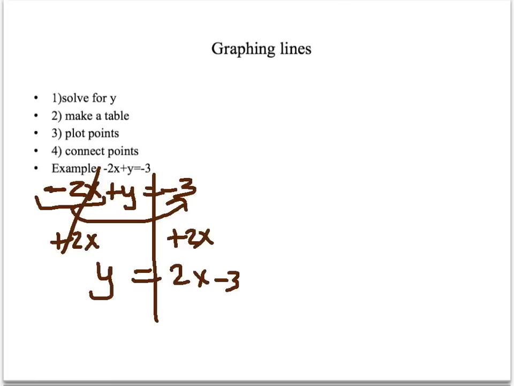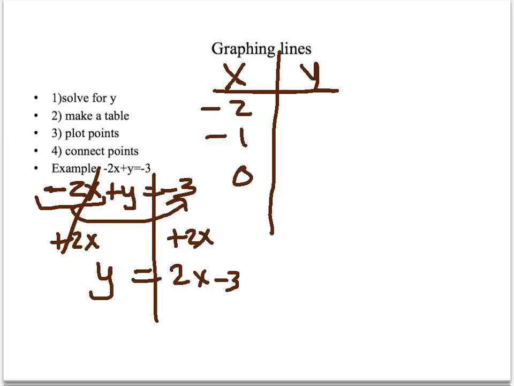Let's make a table. So I have x and y. Let's do negative 2, negative 1, 0, 1. Same deal as we did before. I'm going to plug in these values of x into x here and solve my equation for y.